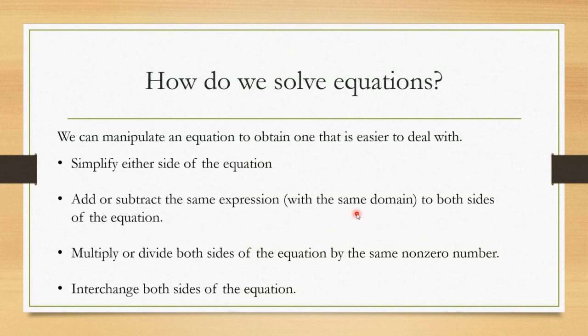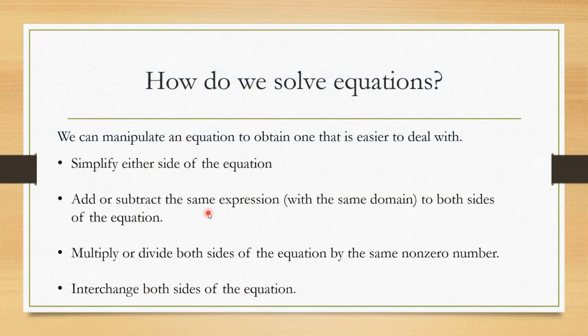It has to have the same domain as the original equation, mostly because when you add and subtract something, you want the domain to be the same, so you're not removing or adding solutions to the original equation. The whole point is you want to manipulate the equation so that you don't change the solution set.